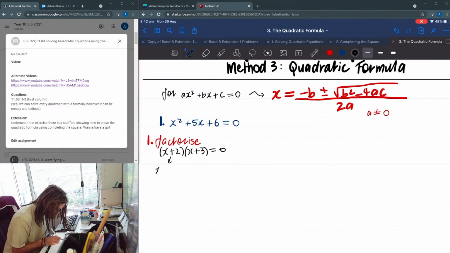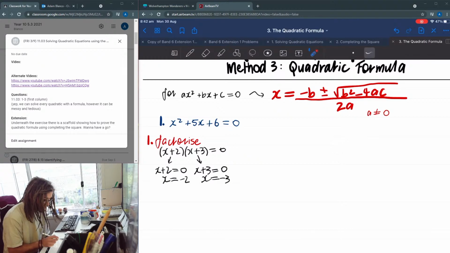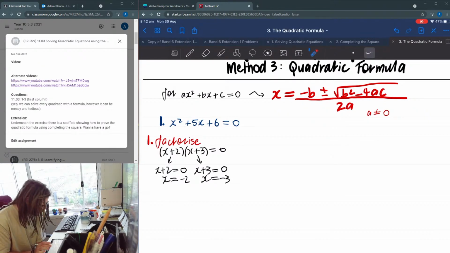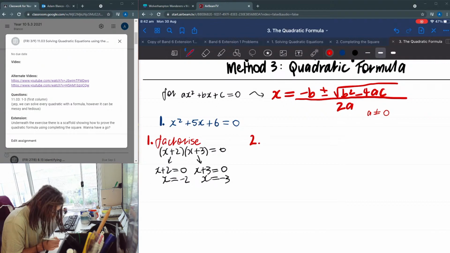So that means x plus 2 equals 0, or x plus 3 equals 0. That means x equals minus 2, and x equals minus 3. So if you're asked to solve this, and you can identify that it can be quickly factorized, do it, because that was pretty easy.